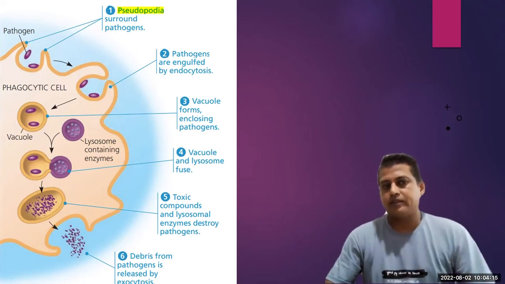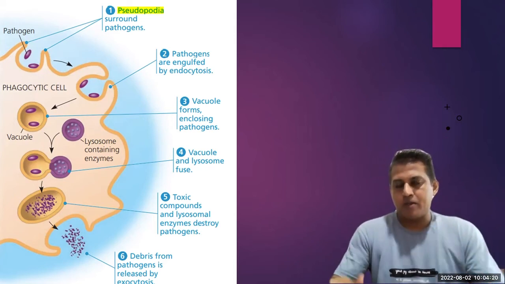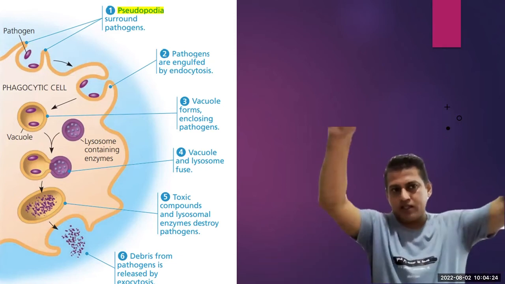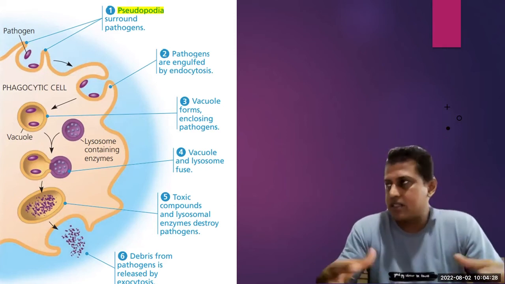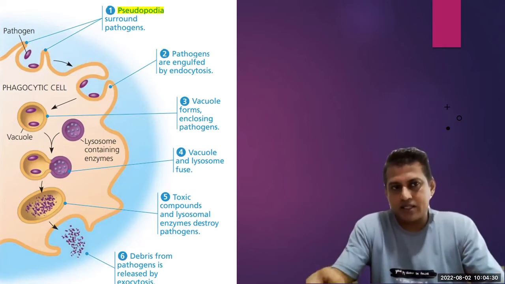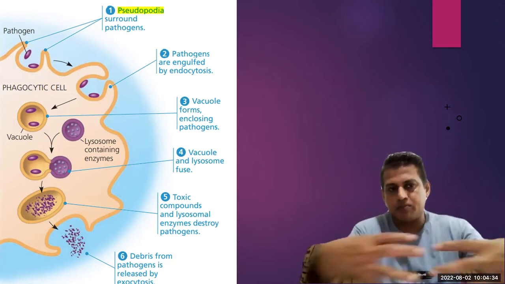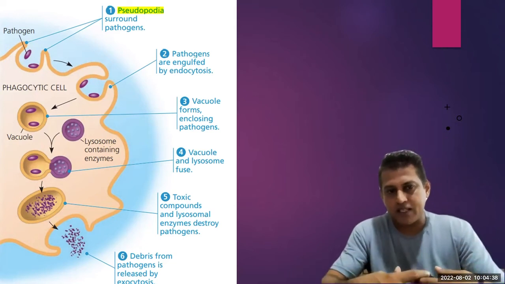I think actin also helps to make these projections, because actin filaments move into these arms and give support. It's not only fluid, it has support. So then they can trap the pathogen into the cells.